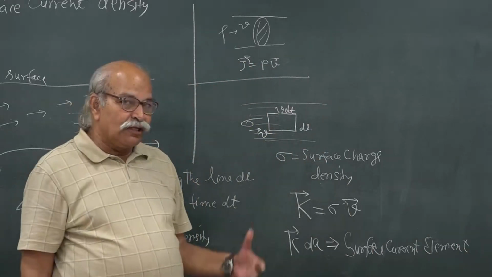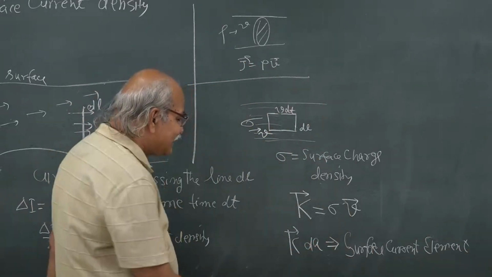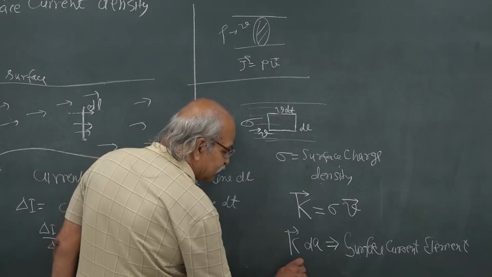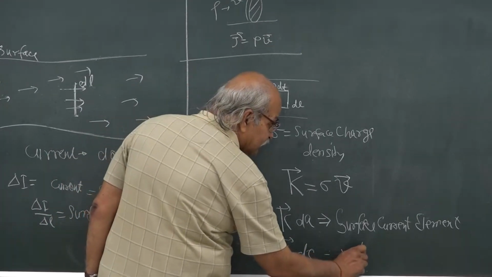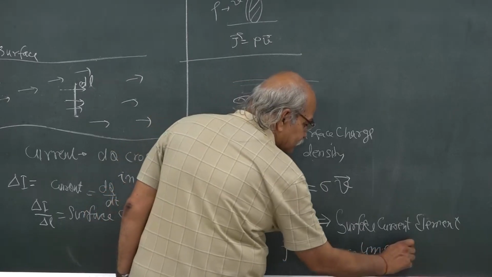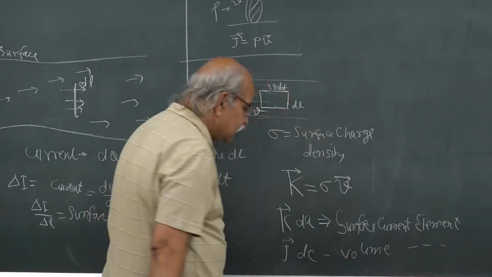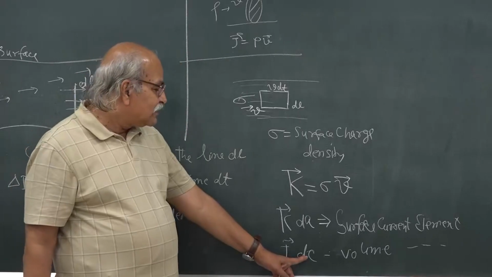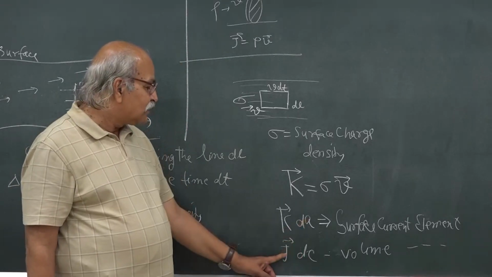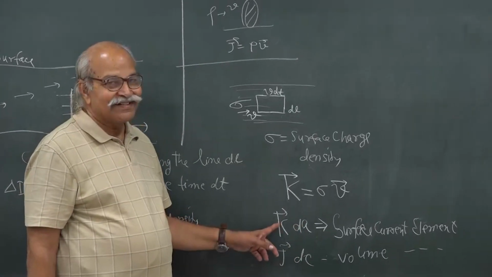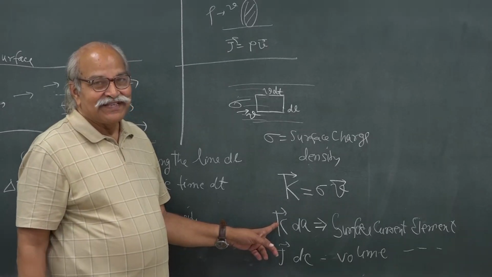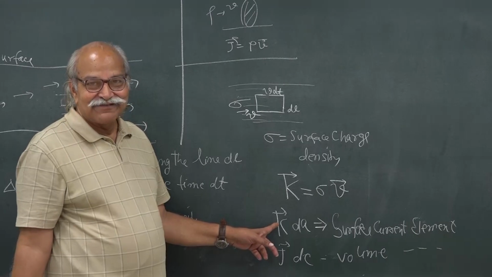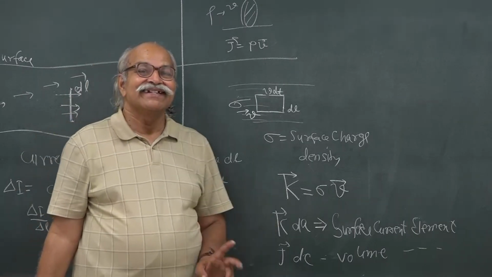When it was volume current element, it was J d tau. This was your volume current element. So, it is volume here, it is surface here, it is volume current density here, it is surface current density here. So, you know what is going to come next, it will be linear current density.